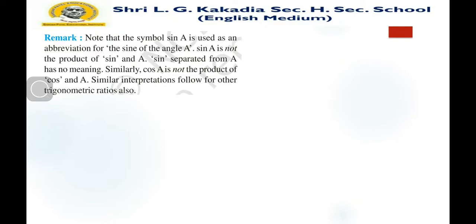Similarly, cos A is not the product of cos and A. Similar interpretation follows for the other trigonometric ratios. Cosec A does not mean a product of cosec and A. If cosec and A are separated, there is no meaning.